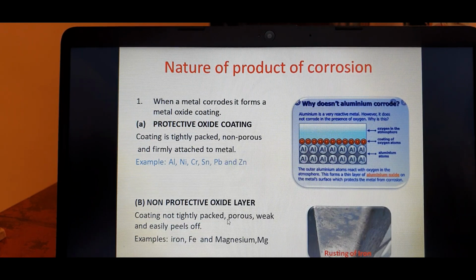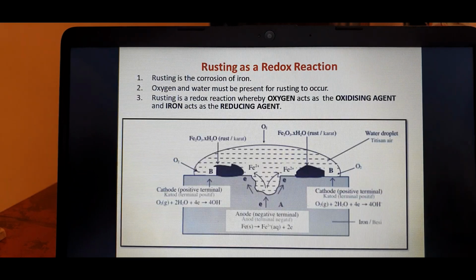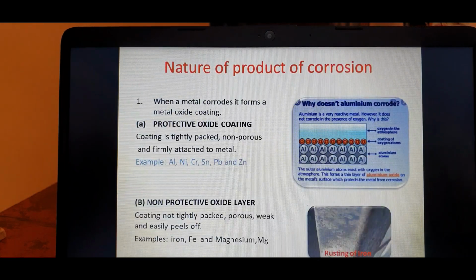Now look at the non-protective oxide layer. There's one that I think you're very familiar with, that is magnesium. I think you have done quite a number of experiments with magnesium in the lab. Magnesium reacts with the oxygen in the air to give you magnesium oxide. But this is not a protective oxide layer because you can remove it easily with sandpaper. Do you realize that? Another example is iron.